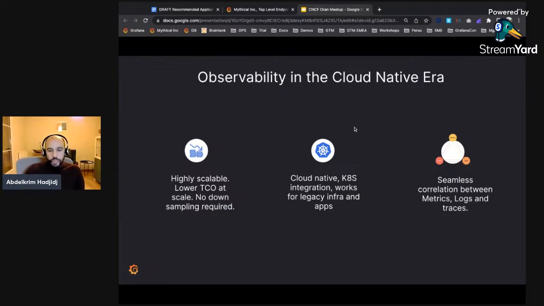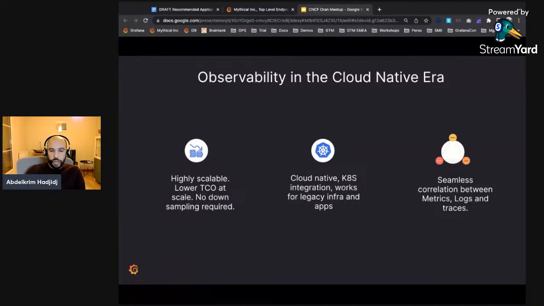So when we built this platform for observability, we took into account several items. The first thing is we wanted to build a platform or technology that has low cost at scale. When you start deploying cloud native applications, the scale of your application can become really big, especially if your service is successful on the internet, and you don't want to break the bank just to monitor this application.